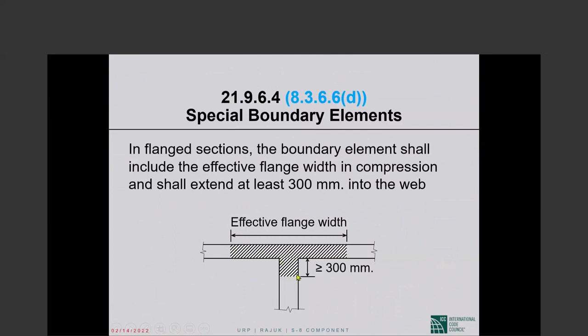You may have to go more than 300 millimeters if you need it, but the entire effective flange width will be part of the confined boundary zone. You have to specially confine it. So hopefully that answers your question. I don't quite understand what you are asking, but this is what it looks like. Specially confined boundary zone for a flanged section.